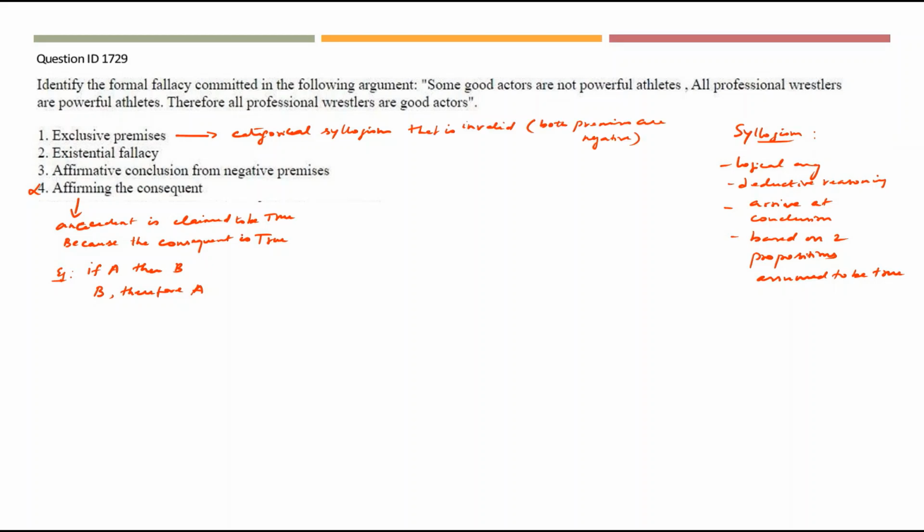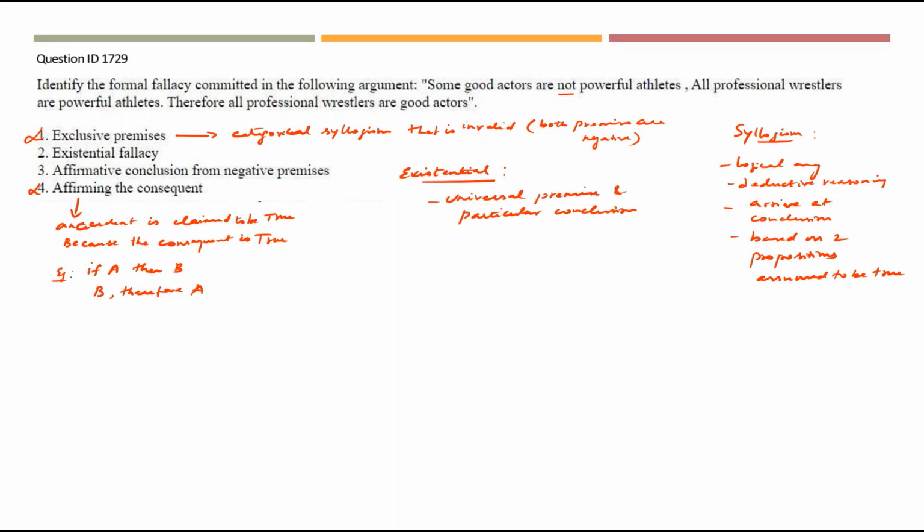We have only one negated premise here, and here it talks about both the premises, so we can rule out exclusive premises also. Next we'll see about existential fallacy, an argument that has a universal premise and a particular conclusion. You can compare it to the logic content.